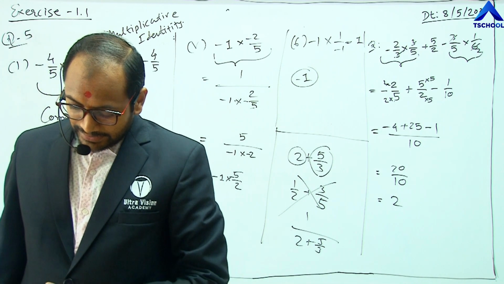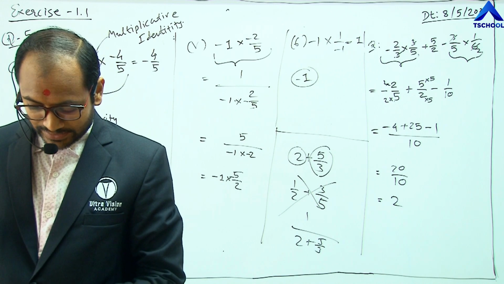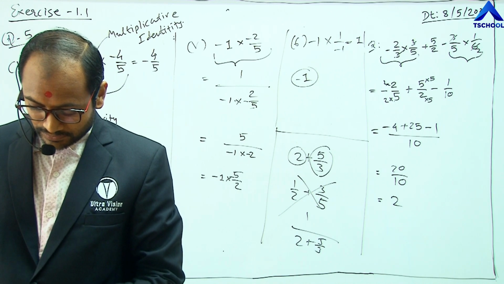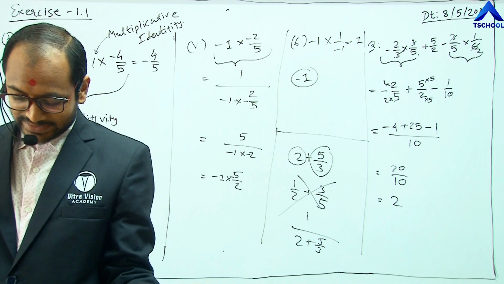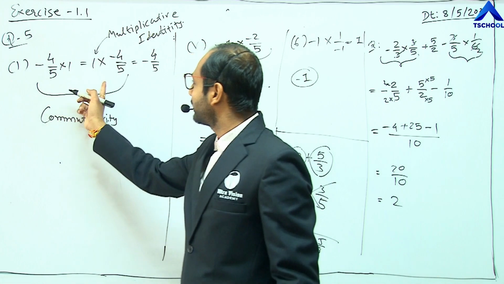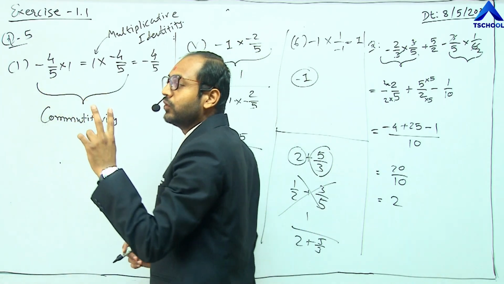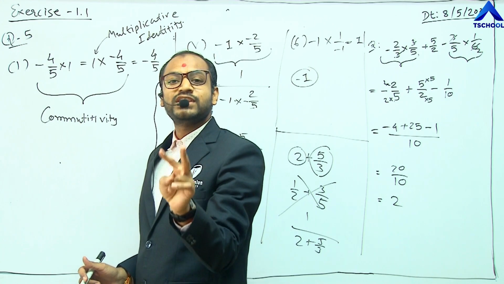The second equation is minus 13 upon 17 into minus 2 by 7 is equal to minus 2 by 7 into minus 13 upon 17. That means in the same manner, the first and second numbers are interchanged.